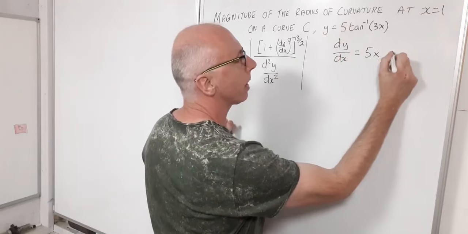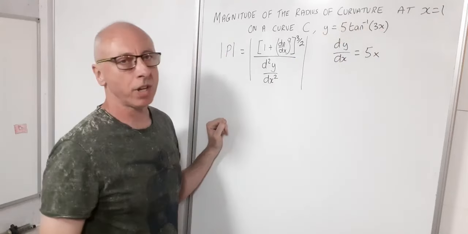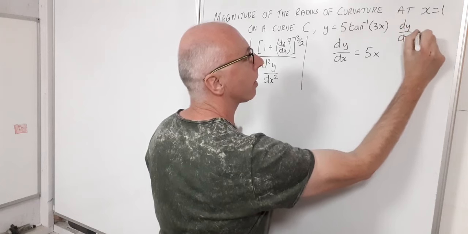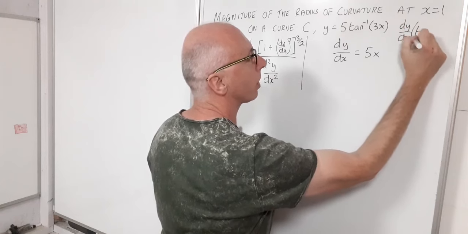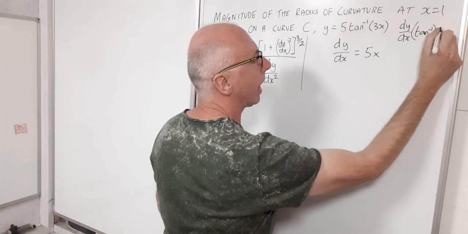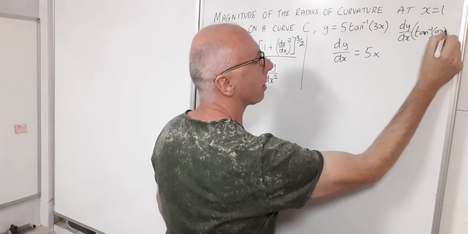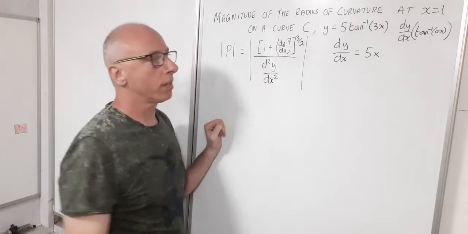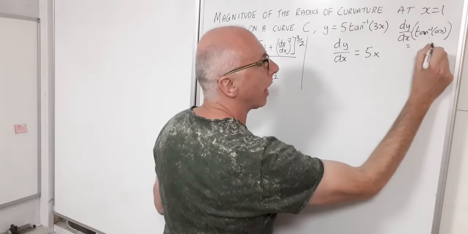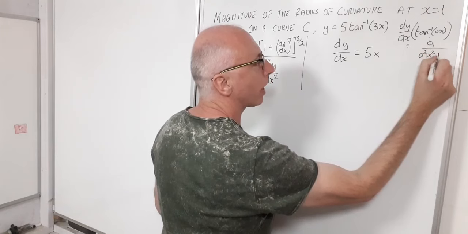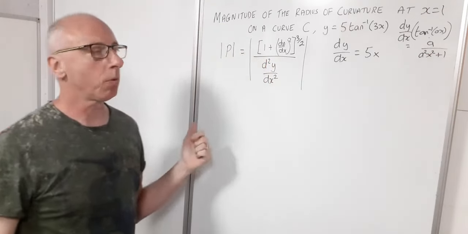The derivative with respect to x of inverse tangent of ax gives us a over a squared x squared plus 1. That's what we get.